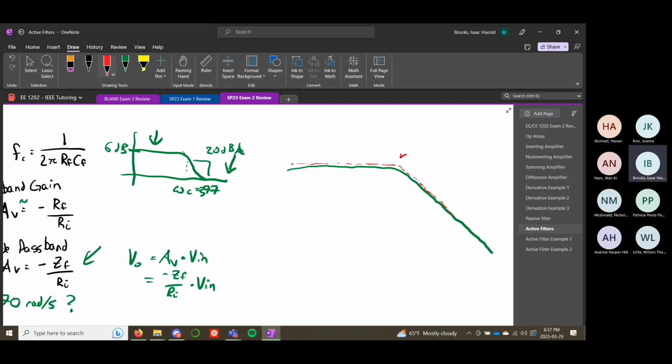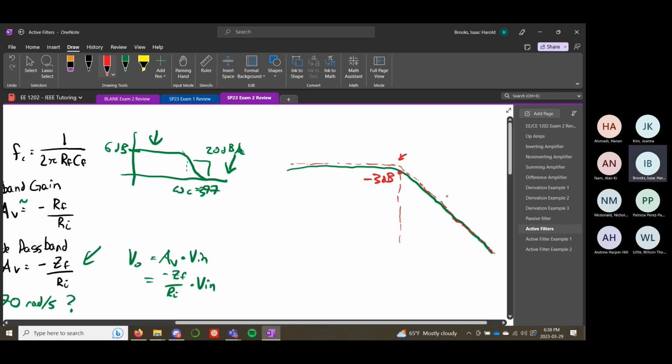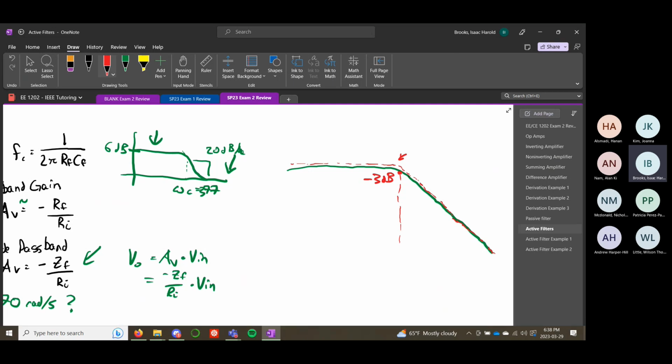It's got a sharper corner than the actual cutoff frequency. So when we say our cutoff frequency is the -3 dB point, this linear extrapolation is not really at the cutoff frequency. That's where it starts. But if we were to continue this line, it reaches up to our passband gain. Okay, this is kind of important.